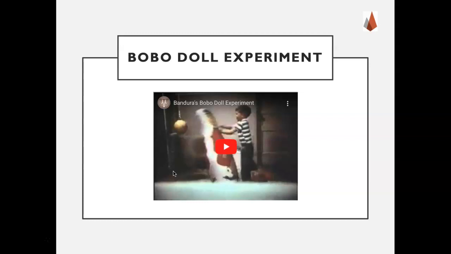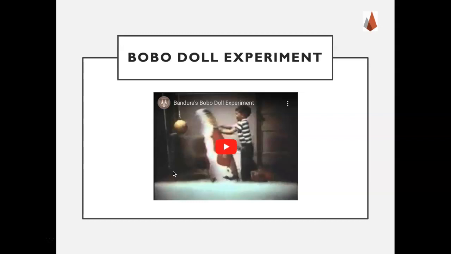Well, these children in the different groups, depending on the video they watched, that's the independent variable here, right? One group would watch a video of the woman beating the Bobo doll, hitting it with different things, right? Kicking it, throwing it. Whereas another video would watch her interact with it very casually, not aggressively.